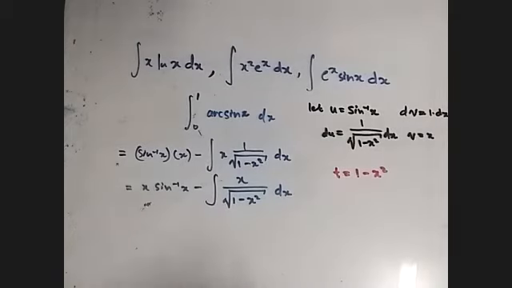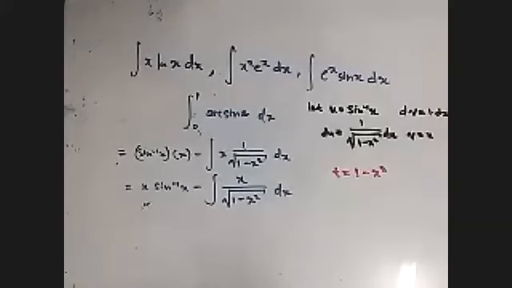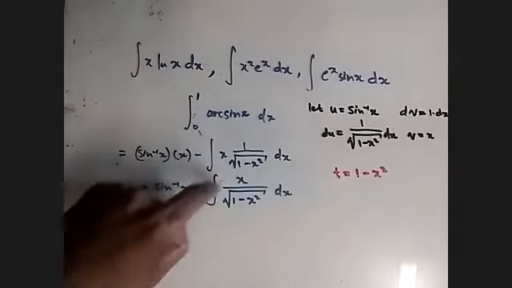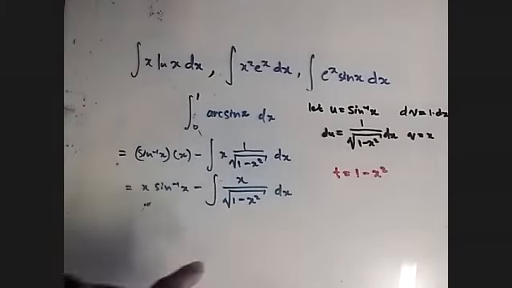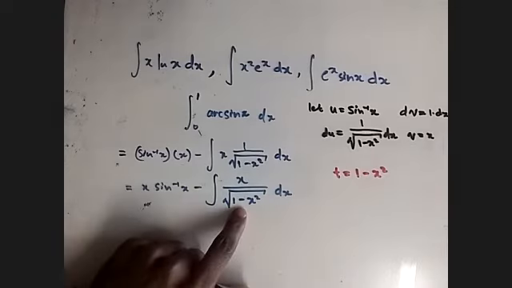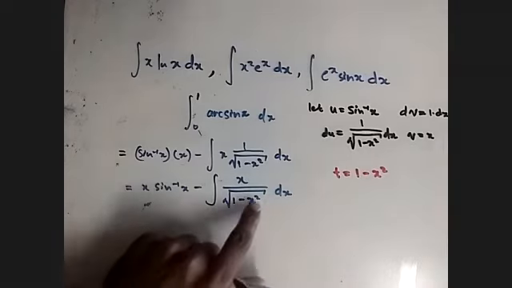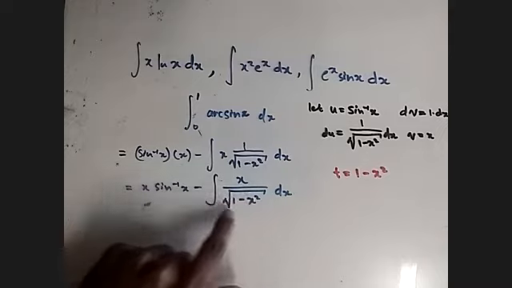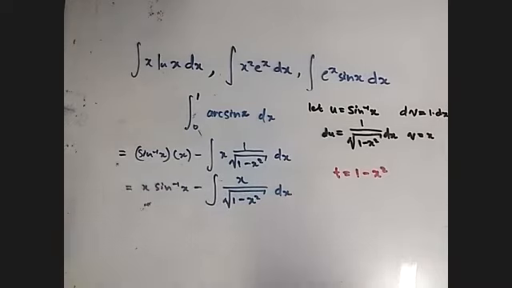You remember last semester, guys, I said to you, once you have the substitution rule, you always have to make sure that you use anything that is under the square root as your substitution.